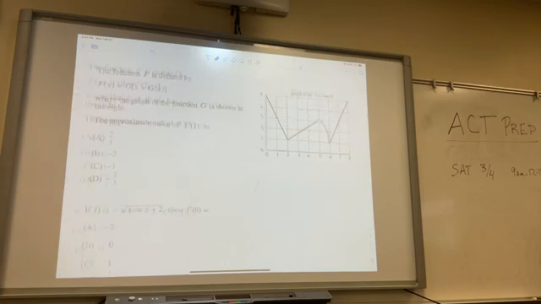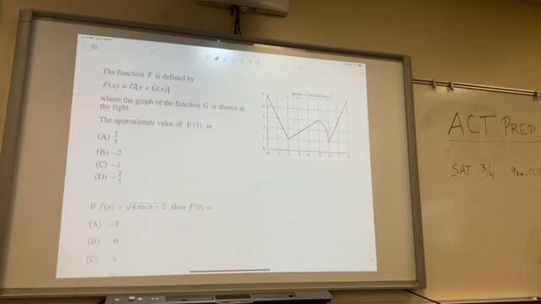Hey, this looks crazy. You guys want to do this? Go to the one that says graph of the function g. Because you really have to go back to the math facts on this one. Oh, never mind.